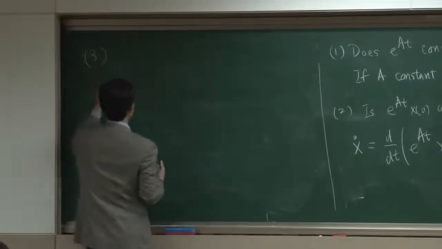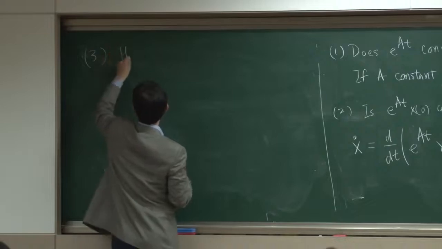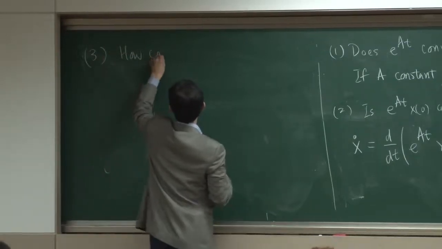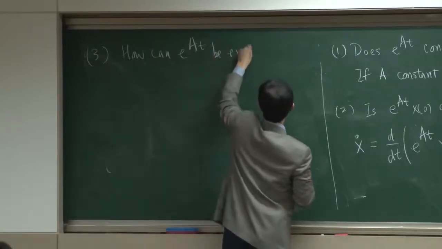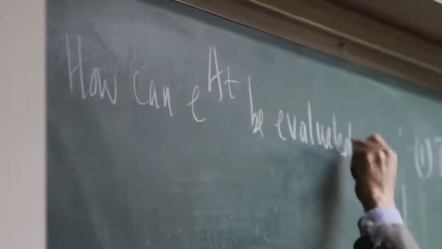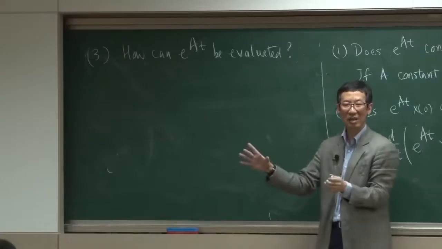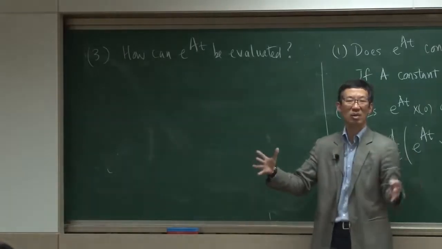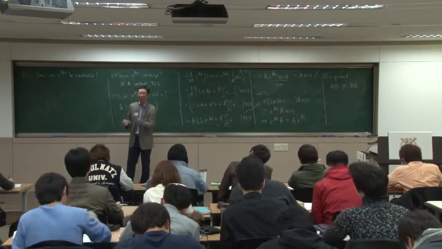So third question: is there a better way? How can e to the at be evaluated? Do we need a computer to approximately calculate these infinite series up to 100 terms or 200 terms? No.